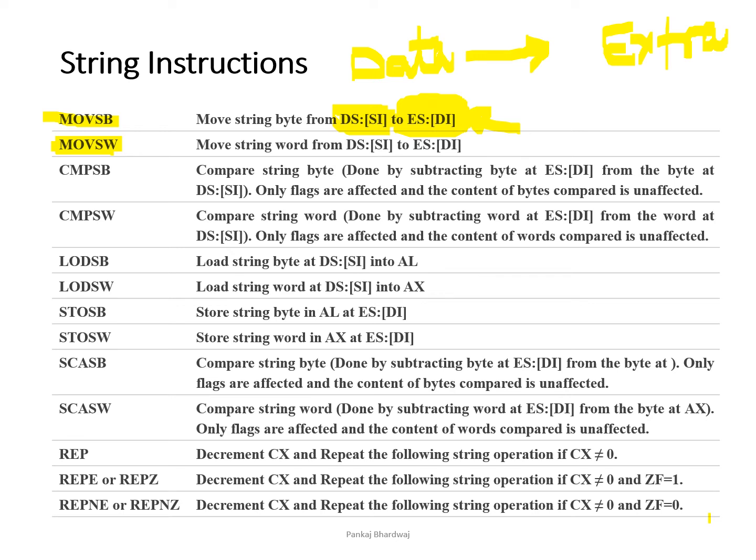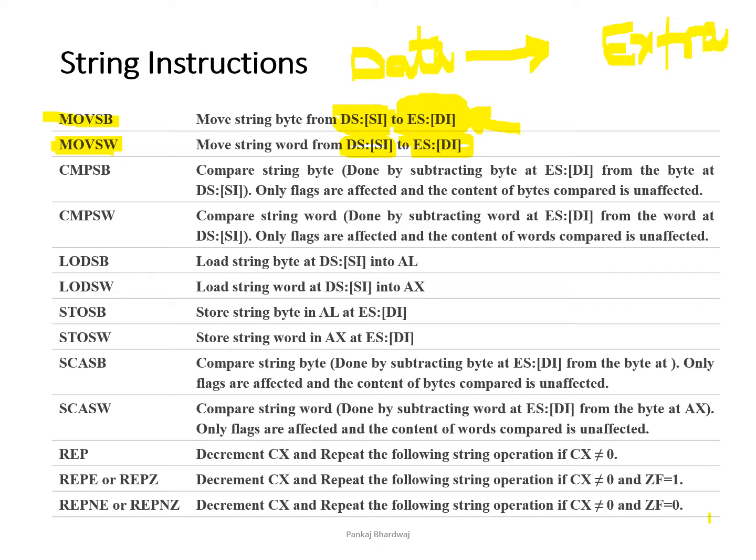A similar instruction is used if it is 16 bits long, that means two consecutive bytes, that is MOVSW. This is similar to MOVSB, but the next byte is fetched from the next location in the data segment, and it is moved into the next memory location of the extra segment.